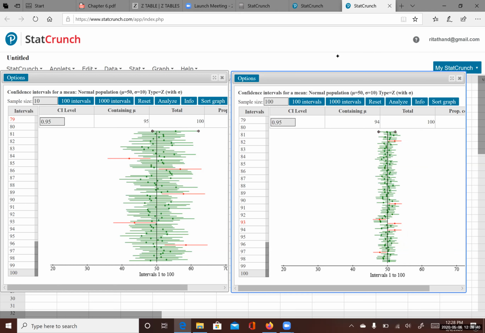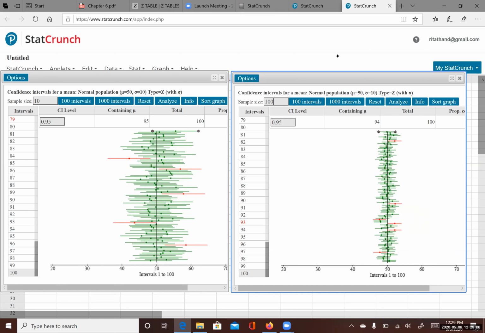However, as you can see, the width of most of the confidence intervals is much narrower compared to the width of the confidence intervals when the sample size is 10. When you look at the width of each confidence interval, it is much bigger here compared to here.